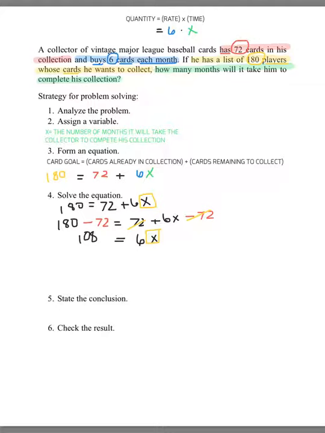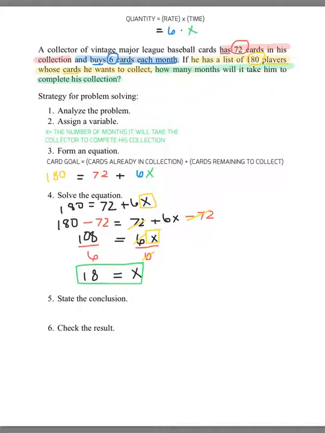The only way to eliminate multiplication is through division, so we're going to go ahead and divide both sides by 6, which is the number that we want to eliminate. So the positive 6 in the numerator and the positive 6 in the denominator simplify out, leaving us with 1x, or simply x. And on the left-hand side, we end up with 108 divided by 6. Once you carry out the division, you find out that that is equal to 18. So there we go. We have solved for x, and we now know that x is equal to 18.